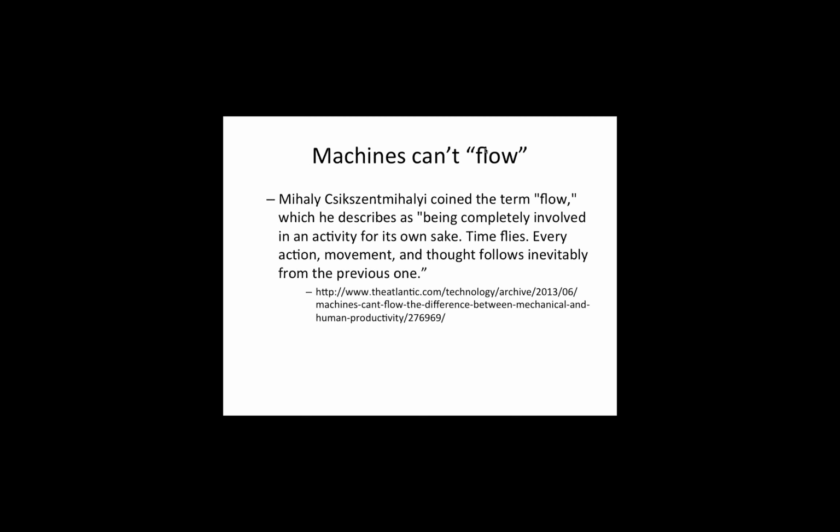Machines can't flow. This is the idea that you can get completely immersed in something. So that also means that machines can't be creative, and that machines can't really do research, at least not in the sense of discovering something new. They can do research. As a matter of fact, one of the examples in Race Against the Machine is that a law firm hired a company to do research, and they had 30 lawyers do the same research, and they had the software run the same research as an experiment.